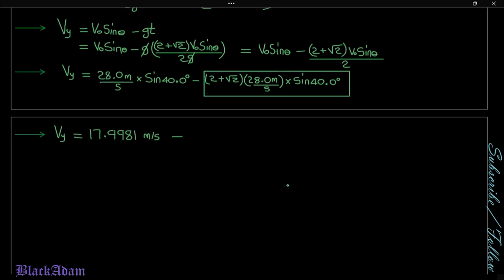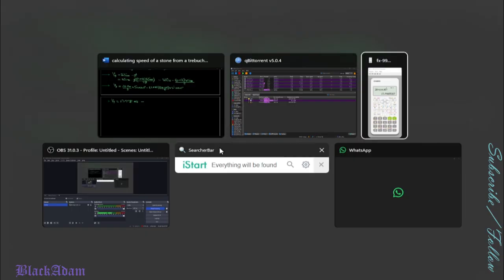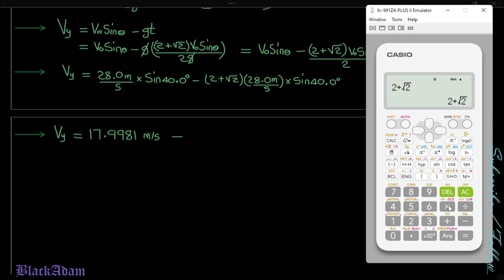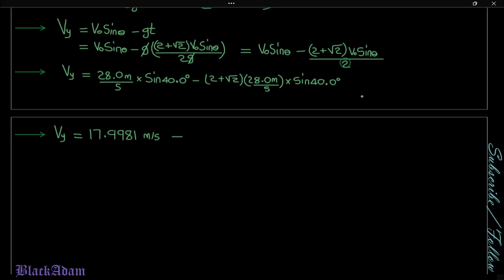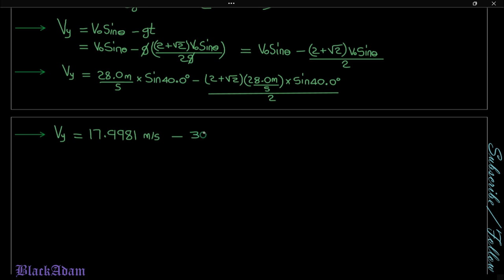So we check the other part. We have divide by 2, so we have to divide that other part also by 2 as part of the equation. That gives us negative 30.724598 meter per second.